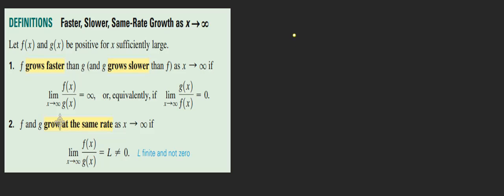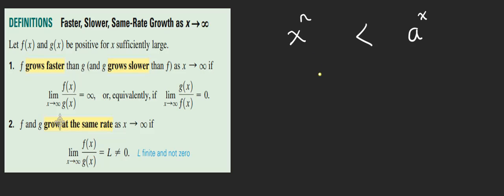Now here's the important concept. Whenever you have a polynomial like x to the n power, where n is a positive integer, and you have an exponential function a to the x, where a is a positive real number such that a is not equal to 1, exponential will always grow faster than any polynomial.